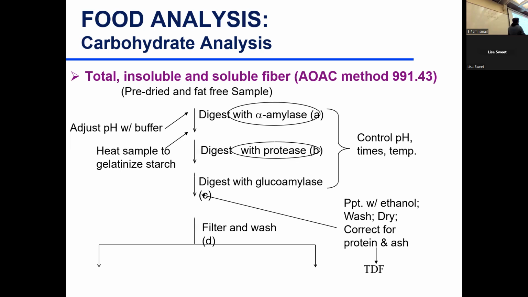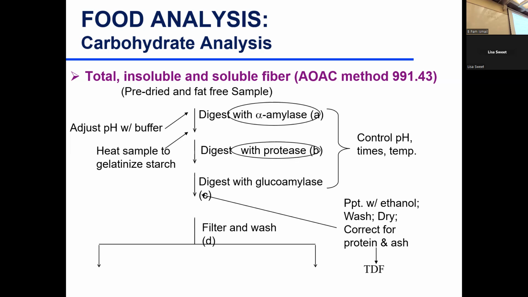But you don't want to lose the solubles, so you would precipitate all fibers, soluble especially, with ethanol. So if you add ethanol, your soluble fiber will precipitate. Then you can separate, filter out the solubles that would have glucose and amino acids and some minerals. And then what you end up with is your dietary fiber, total dietary fiber.